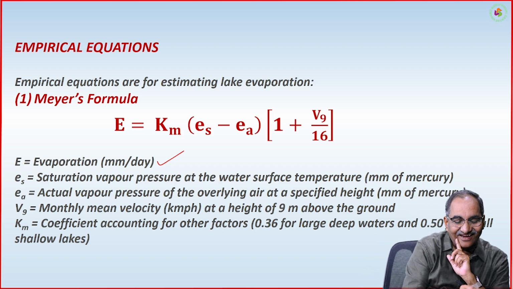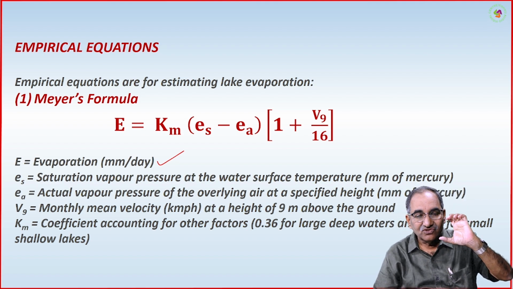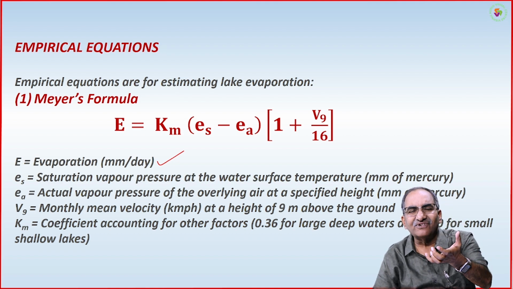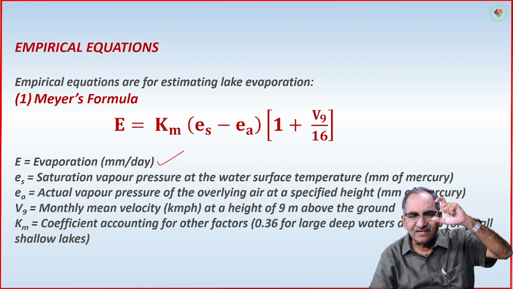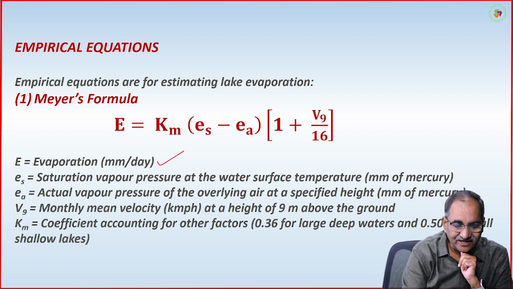V9, where 9 indicates 9 meters above the ground, is the mean monthly wind velocity above 9 meters from the ground level.